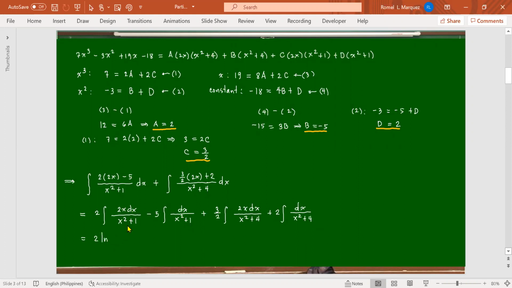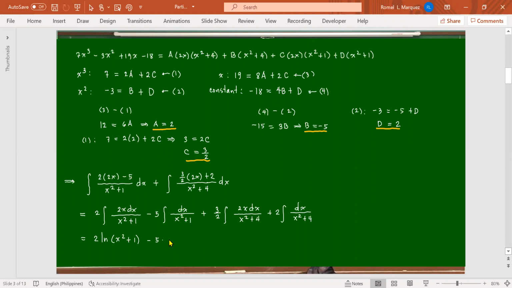But since x squared plus 1 is never negative, we can drop the absolute value symbol. So again, we have 2 ln of x squared plus 1. And this is leading to inverse tangent with a equals 1 and then u equals x. And the differential of that x is dx.